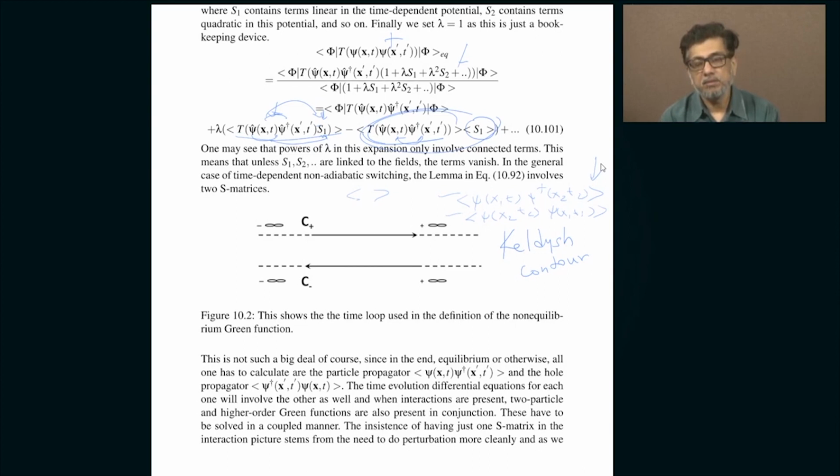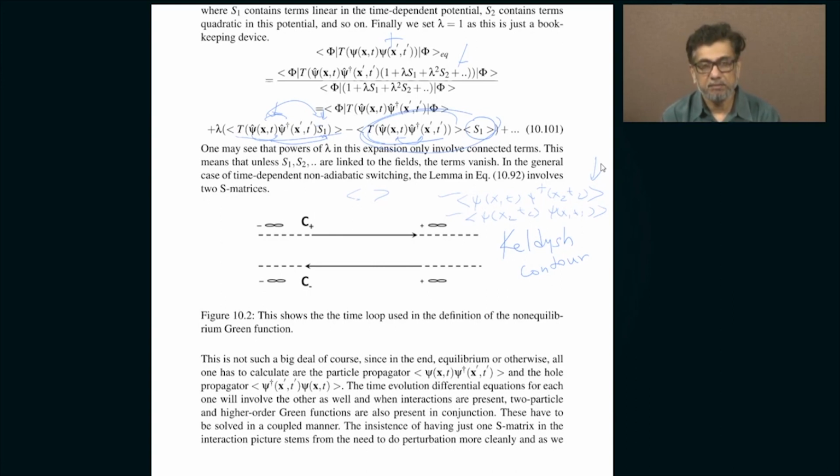So, it is better to see if there is some way in which you can have a situation where the equation of motion for the one particle Green's function will involve only the one particle Green's function and not anything else.